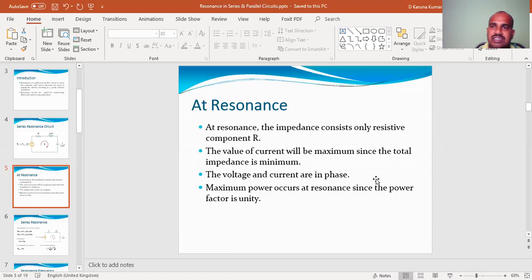The voltage and current are in phase because this is a purely resistive circuit, since the capacitive reactance and inductive reactance are equal. So the voltage and current are in phase, and the maximum power occurs at resonance since the power factor is unity.